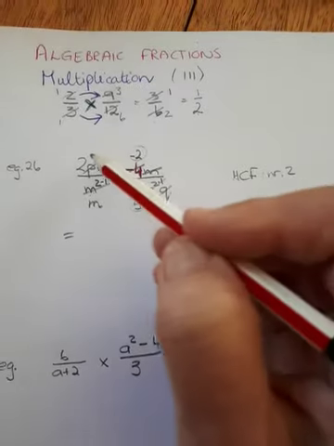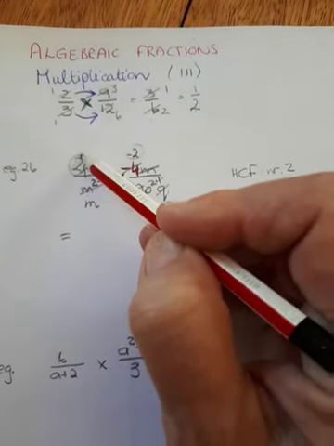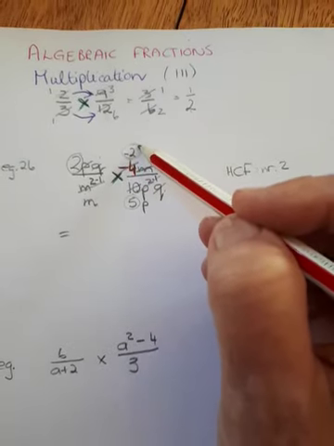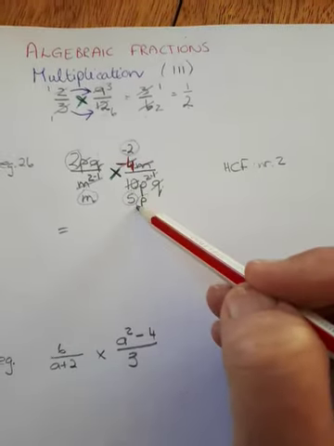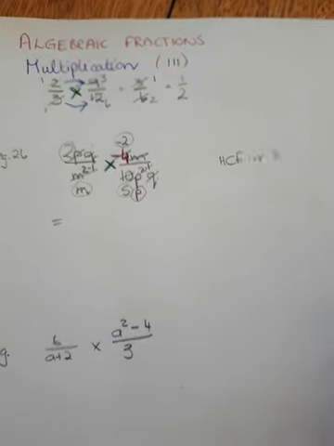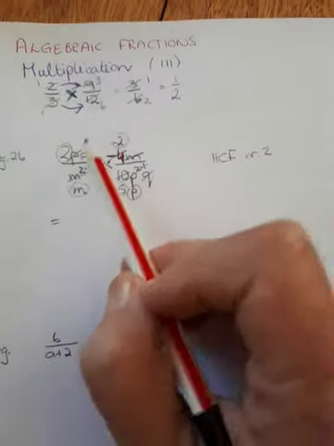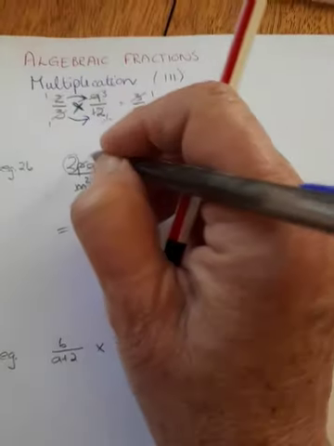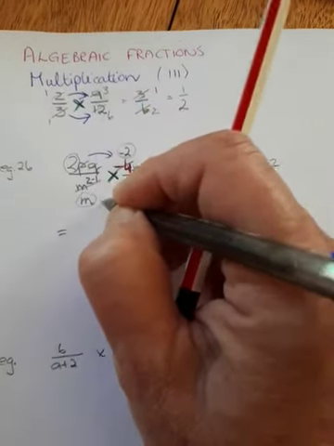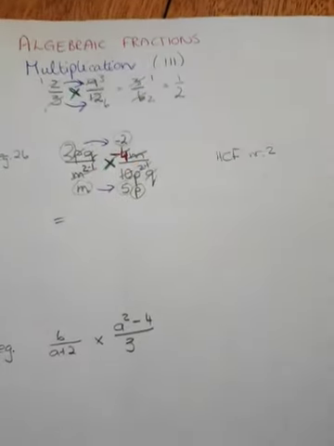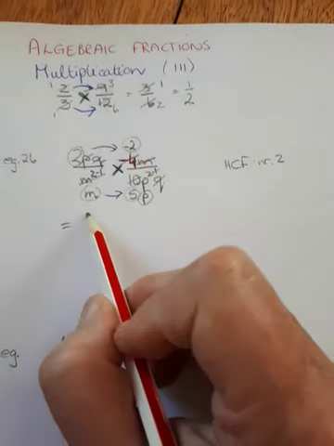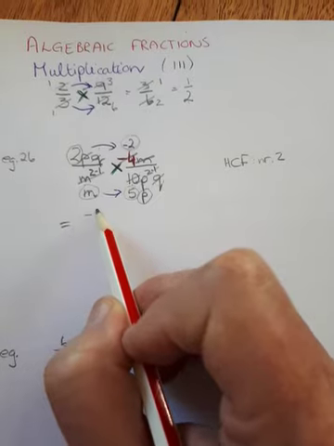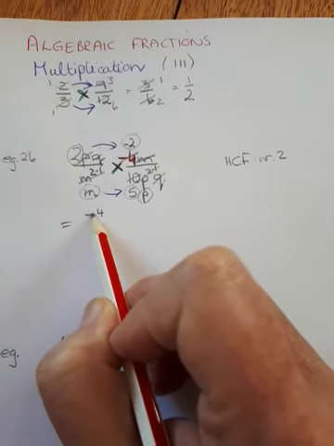Now please have a look. The negative 2 is still remaining. This is remaining. And the 5p is remaining. Which means now I can multiply top times top, and bottom times bottom. So here we have 2 multiplied by negative 2, which gives me a negative 4.